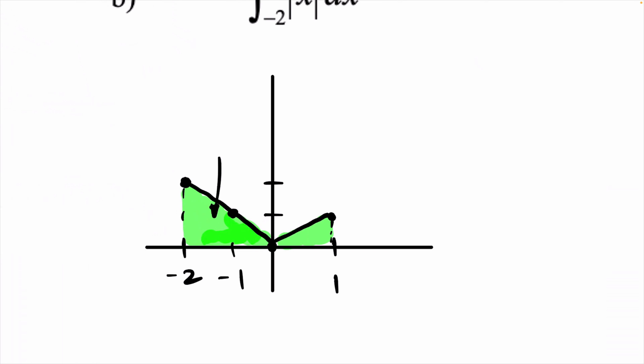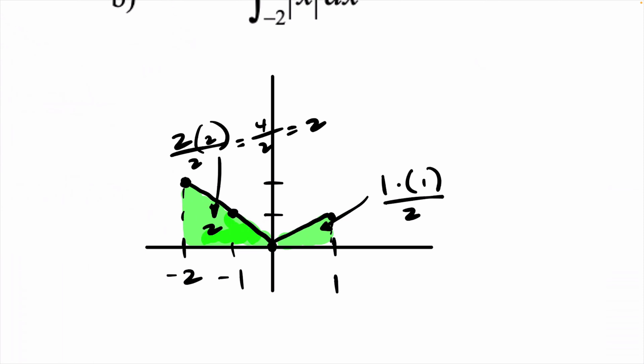So the first one here has a base of 2 and a height of 2, divided by 2. 4 divided by 2 makes 2. The other triangle is 1 by 1, 1 times 1 divided by 2, so 1/2 unit.